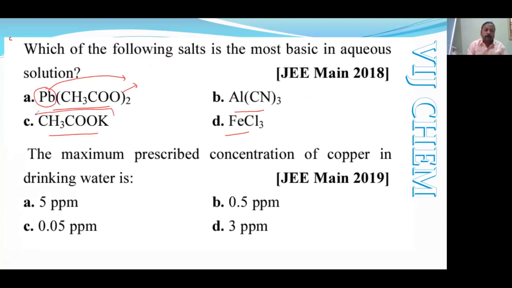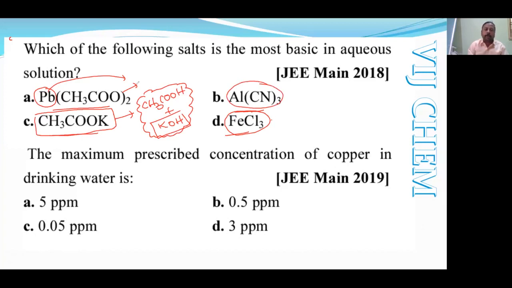When it is hydrolyzed, it gives CH3COOH and KOH. KOH being a strong base, the resultant solution will be basic only. How to identify? Weak base with strong acid is acidic; weak acid with weak base is almost neutral. So a strong base should be there. KOH being a strong base, the answer will be C option. I think it is clear.